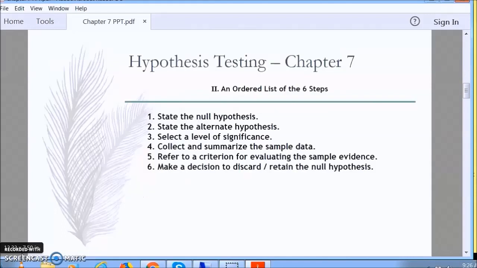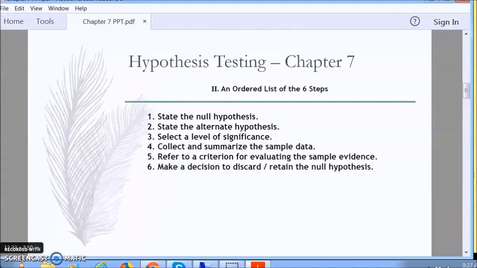So let us come back to hypothesis testing. The author of the book gives 6 steps for hypothesis testing: state the null hypothesis, state the alternate hypothesis, select the level of significance, collect and summarize the sample data, refer to a criteria for evaluating the sample evidence, and make a decision to discard or retain the null hypothesis.